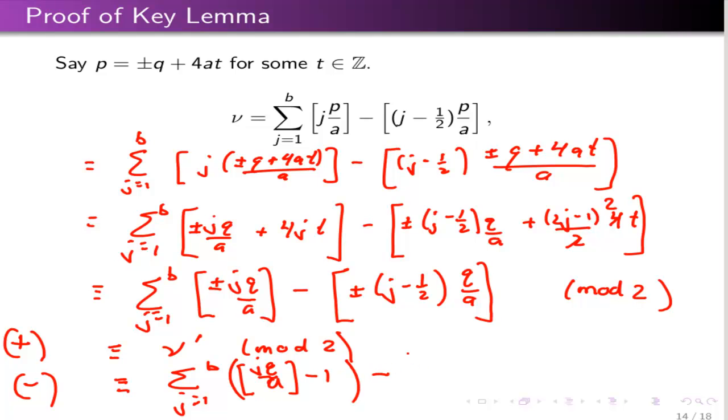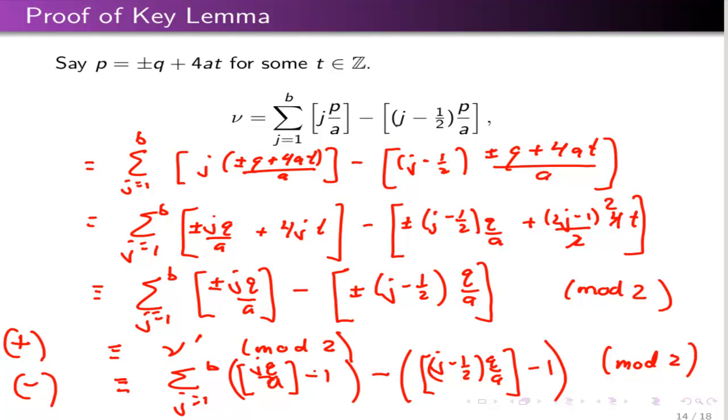And then this one, you'll have the bracket of (j - 1/2)q over a, minus 1, mod 2. But look what happens then. You'll have a negative 1 plus a 1. Those terms are going to cancel out, and again we get ν' coming out here. QED. So in both cases we're getting ν'.